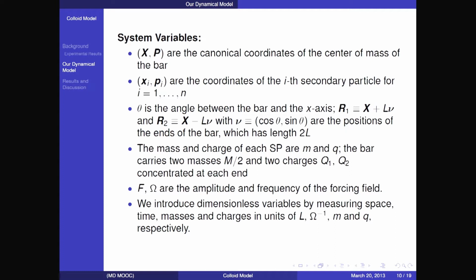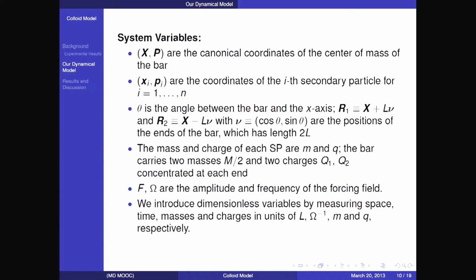Each of the secondary particles, each of the small point particles, has their own position and momentum. And there are n of them. We'll say what n is in a little bit. Then, of course, this rod needn't point straight up. It can tilt, which means we need an angle to describe the angle between the bar and the x-axis.